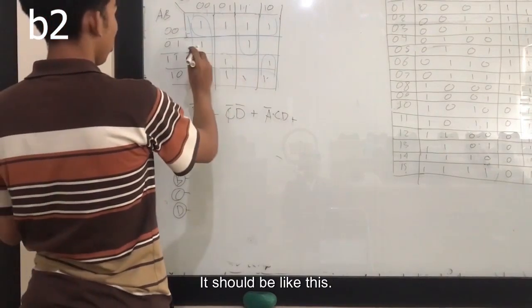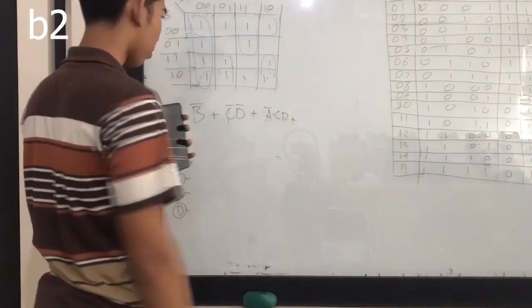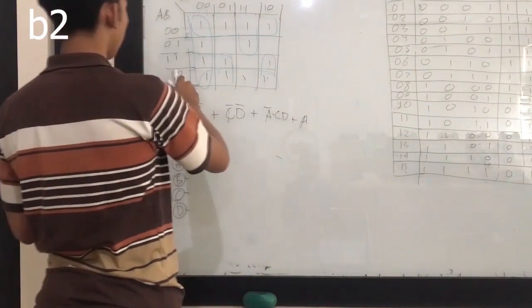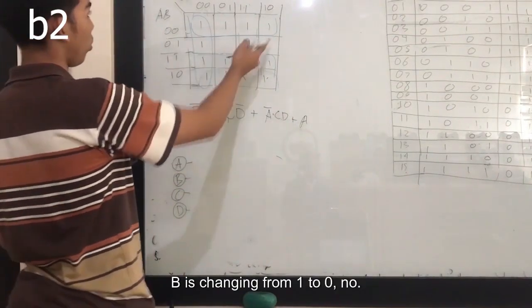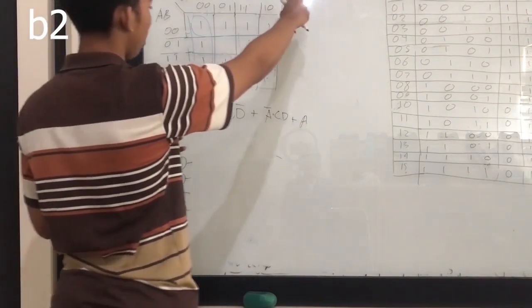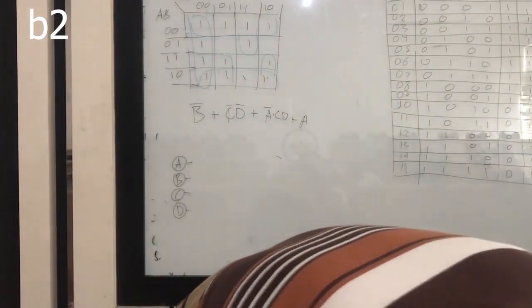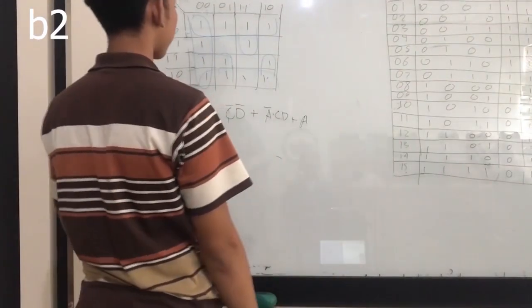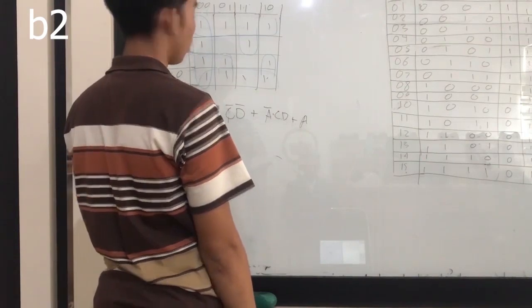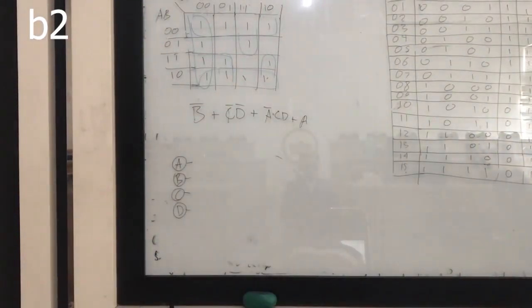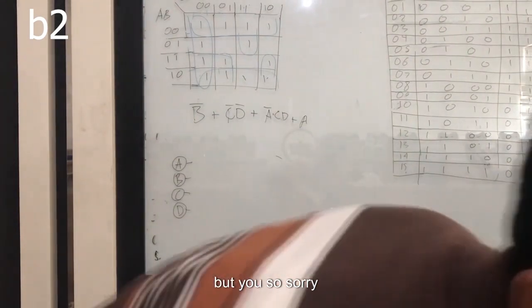Okay, the fourth one is this. Sorry, I'm wrong on this. It should be like this. For one like this, A is 1, so A. B is changing from 1 to 0, no. C is 1, and D is 0.